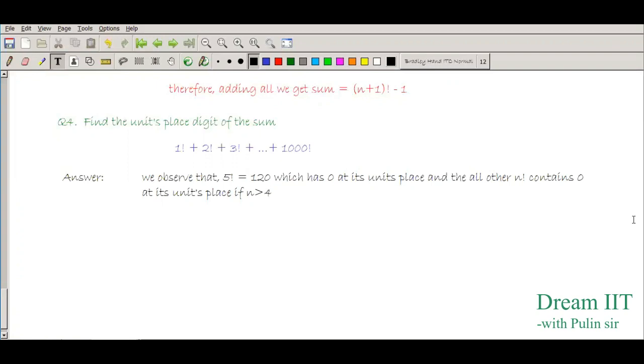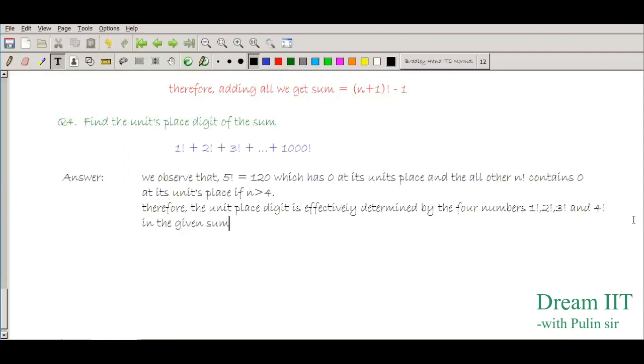Since n is greater than 4, it is divisible by 5, so we have observed this. Therefore, the unit place digit is effectively determined by the four numbers 1 factorial, 2 factorial, 3 factorial, and 4 factorial in the given sum.